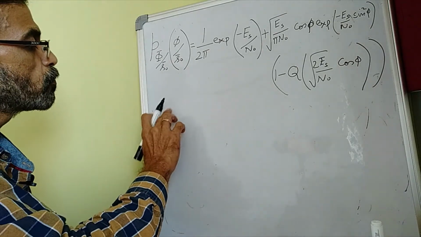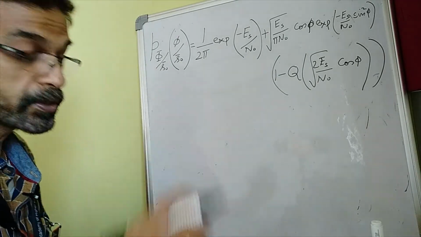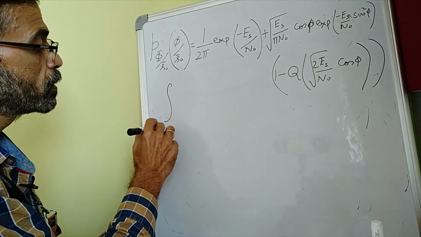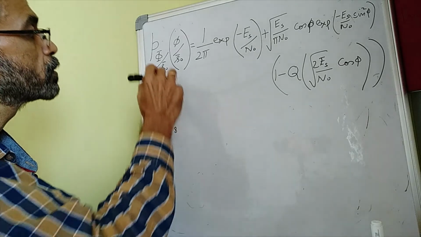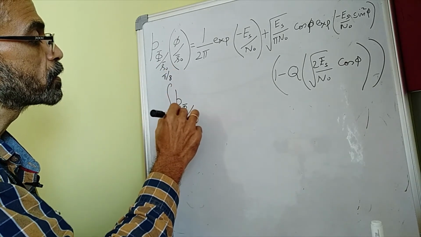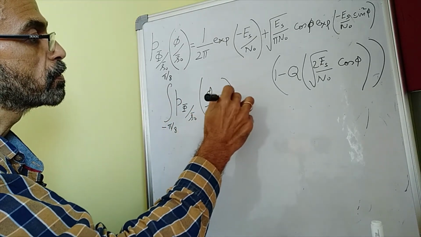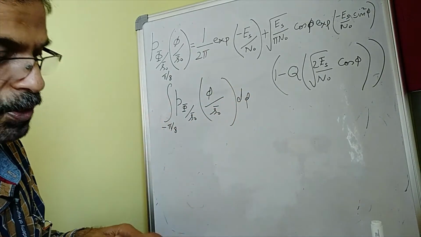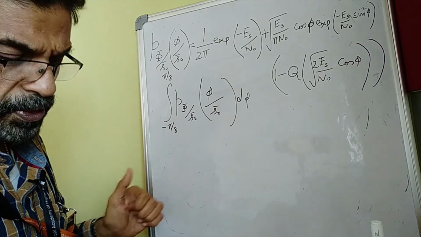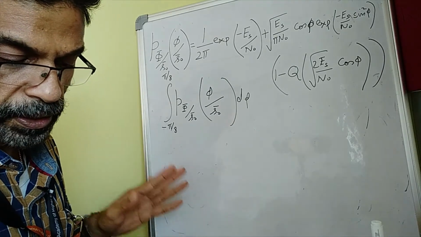And what we have to now find out to know whether S naught t is detected correctly, that is, the probability of S naught t being detected correctly will be the integration of this density function from minus pi by 8 to pi by 8, because whenever phi is between minus pi by 8 and pi by 8, given that S0 is the transmitted symbol, we will detect S0 correctly.